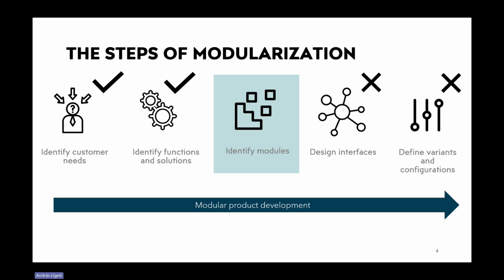And based on those requirements from the customer, you can decide whether it's good to design an integrated product or a modular product. It can be the case that in some cases, it's still better to design an integrated product over a modular product, because modular product architecture is not always the best solution. But in some cases, I will show you some examples, it is a very good solution to choose.